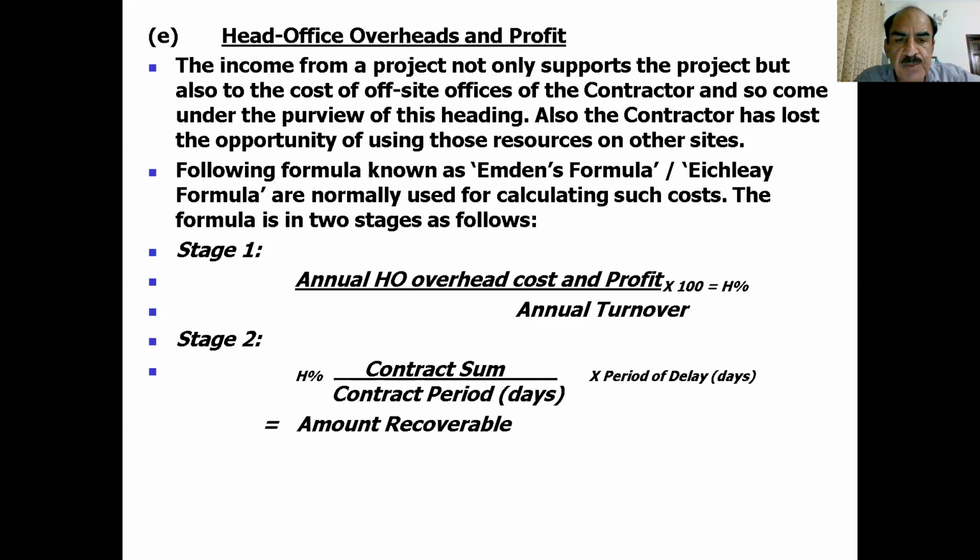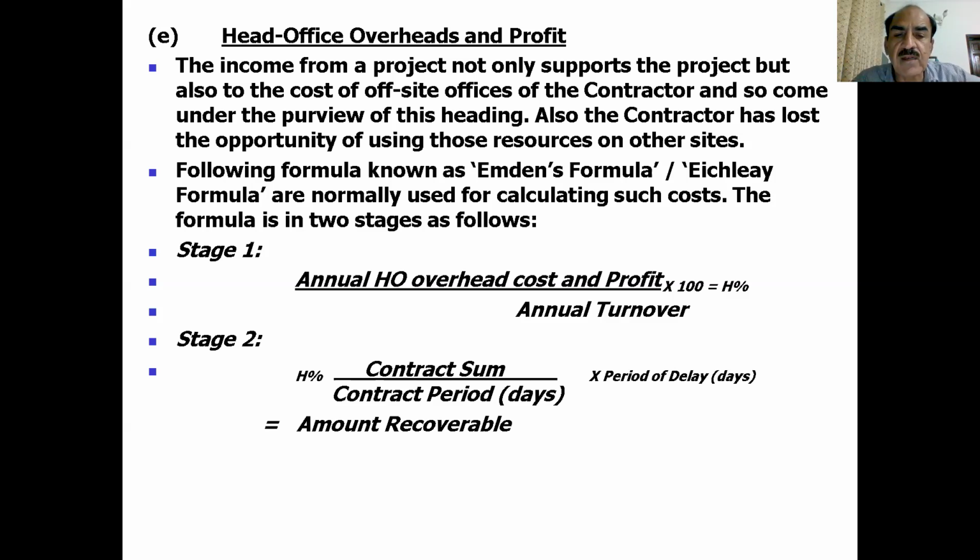So that is H%, and this is basically from the audited accounts, where we come to know about the overheads of the project and the profit of the contractor. This is then divided by total turnover, and it gives us the percent of overhead and profits.